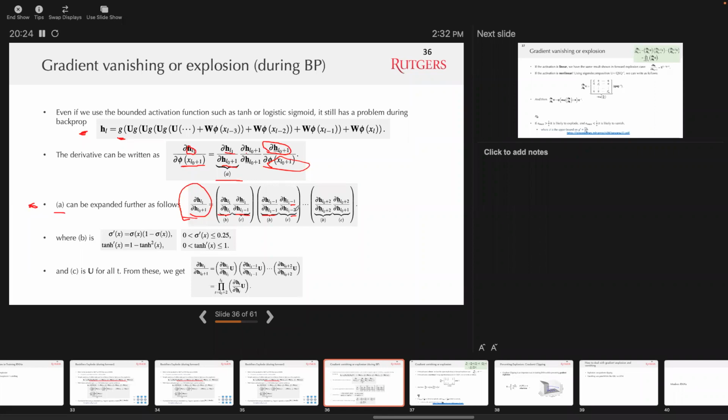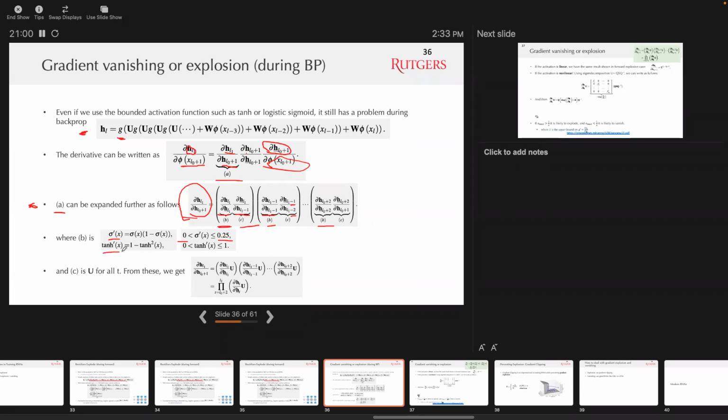Now, this equation A can be factorized into a lot of term B's and a lot of term C's. If you look at all these term B's, what are they? They're actually the gradient of your nonlinear activation. If you use sigmoid, then the gradient of the sigmoid would be sigmoid times 1 minus sigmoid, which is going to be in the range of 0 and 0.25.